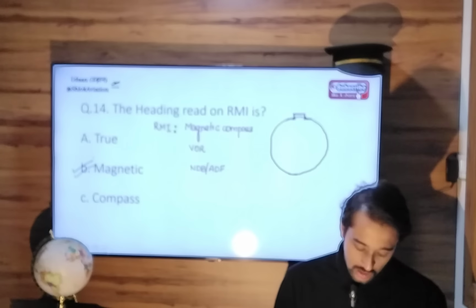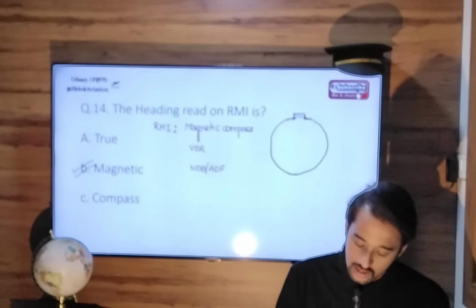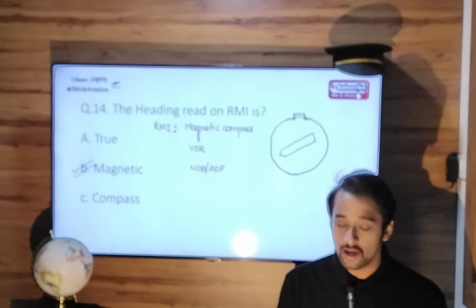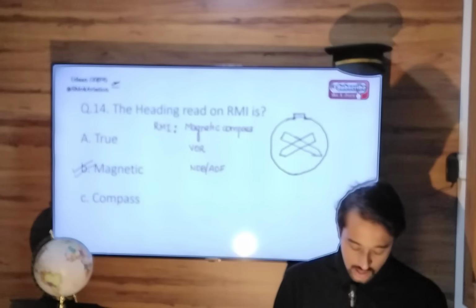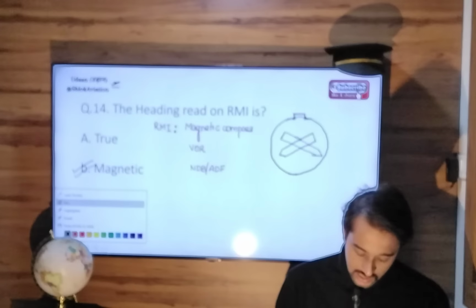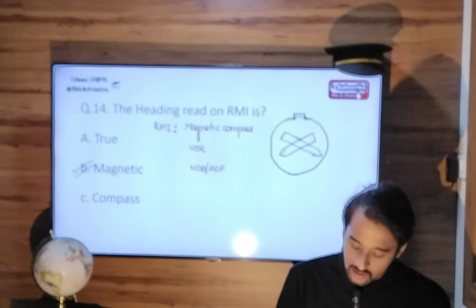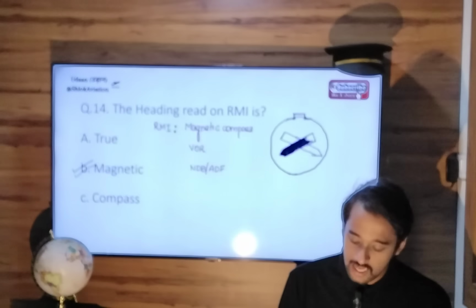After that, there are two important needles. One needle for VOR, another needle for ADF. So the VOR needle is colored, whereas the ADF needle is not colored, it's hollow.